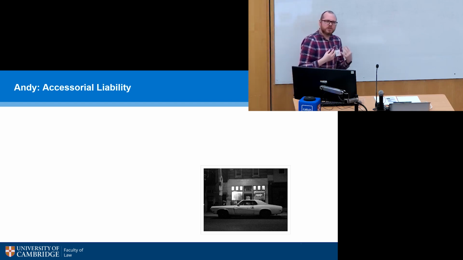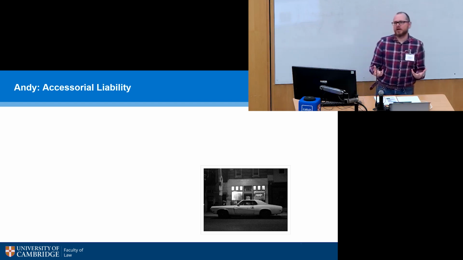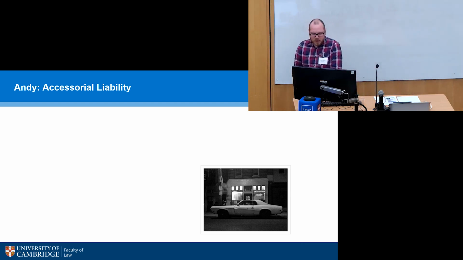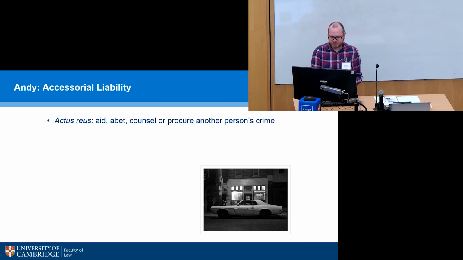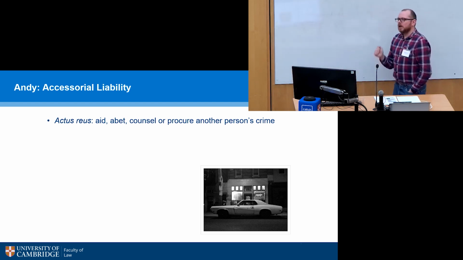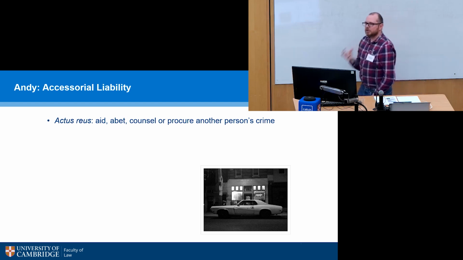It's also sometimes called joint enterprise, which might be a term you've heard of in the media. So accessorial liability has different actus reus and mens rea elements. The actus reus is aid, abet, counsel, or procure another person's crime.